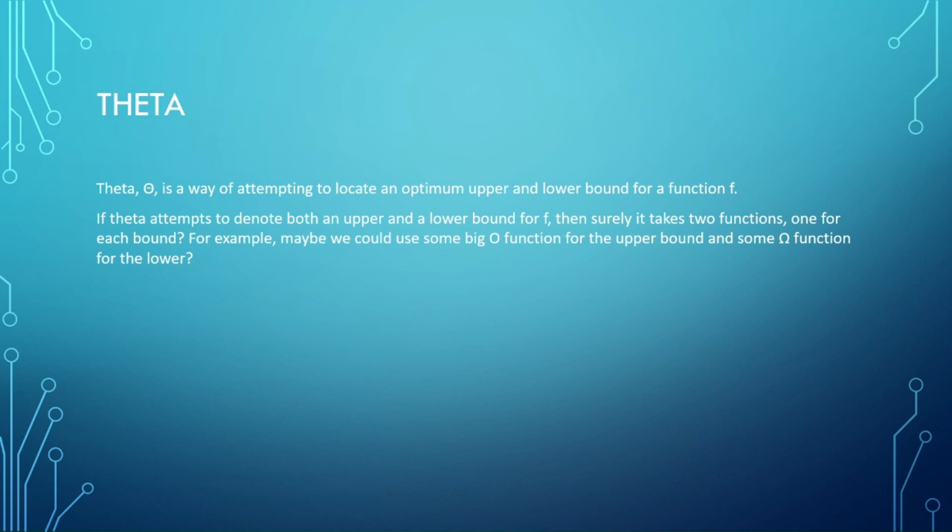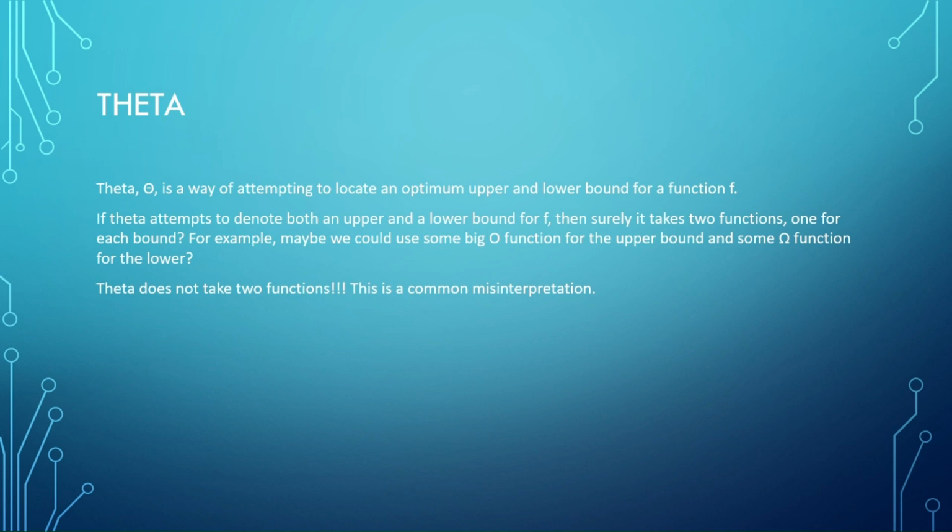But could they actually be different functions? I'll let you guys type. Being of the same order. So okay, yeah, you're correct. So they need to be of the same order.